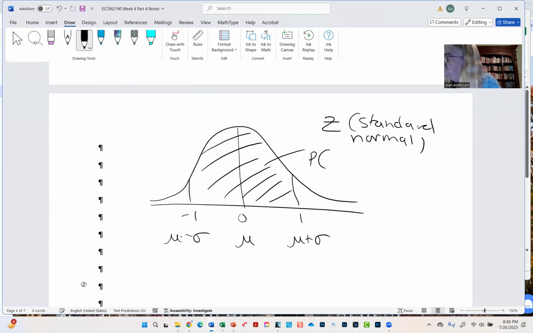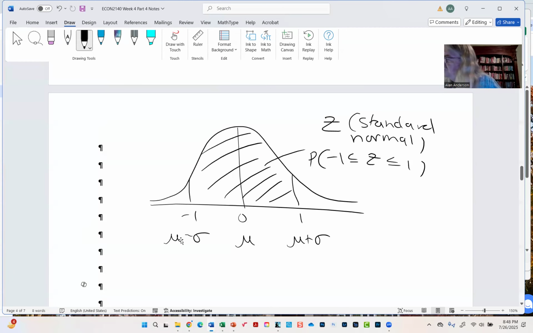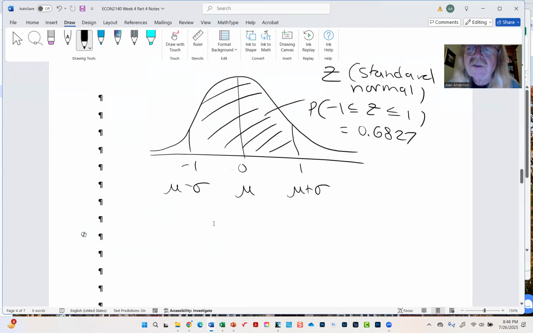So the actual value here that we just got through calculating in Excel, rounded to 4 places, is 0.6827. The empirical rule tells us that it's 68.3%, which you can see is very, very close to the actual value.